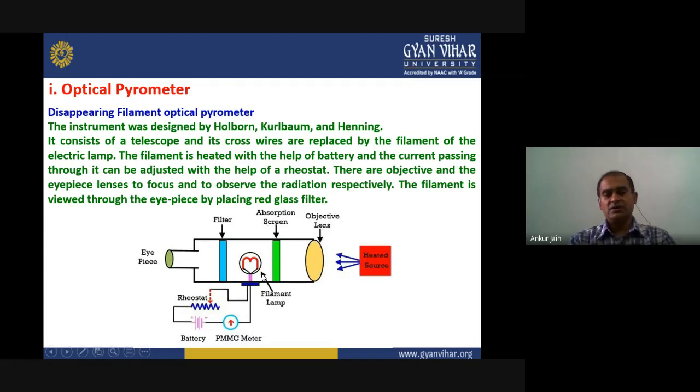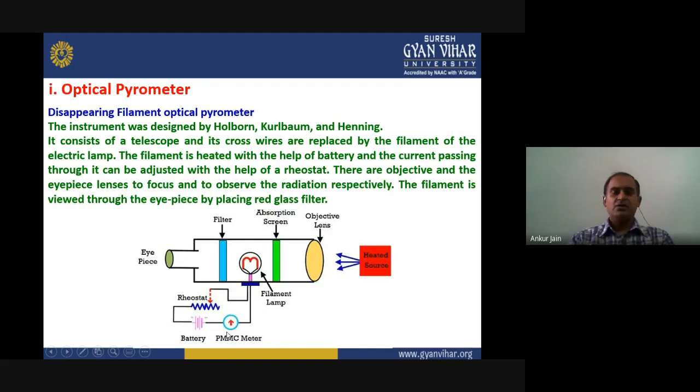But that cross wire is replaced by a filament lamp, which can be made to glow by the use of a battery. This filament can be heated with the help of an external battery, and the current passing through it can be adjusted by a rheostat. Here we use the rheostat in the external circuit, and this is the meter to measure the current.